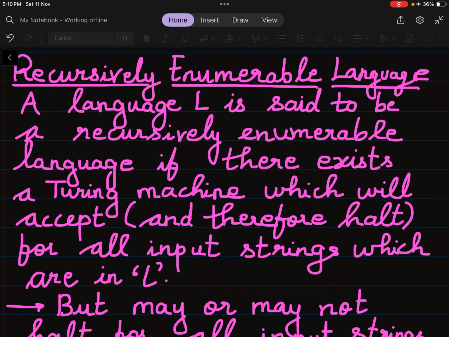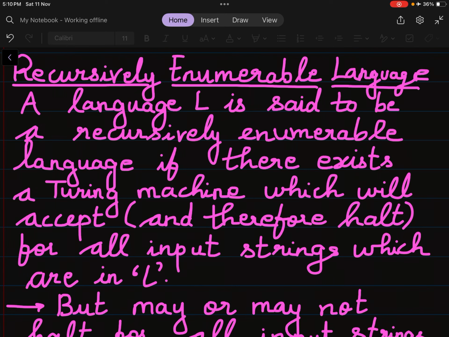A language L is said to be recursively enumerable if there exists a Turing machine which will accept and therefore halt for all input strings which are in L. So what does it do?